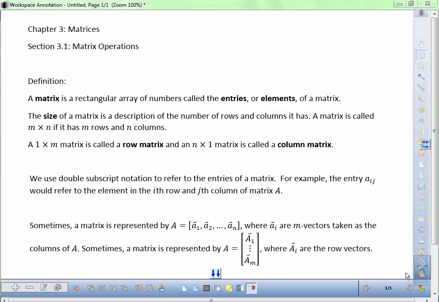Chapter 2 discussed systems of linear equations, and we began to solve those systems using matrices. So this chapter actually focuses on matrices and discusses their usefulness, properties, and other attributes.